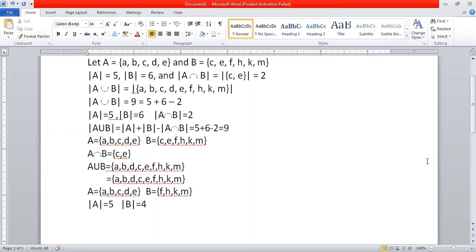2021, and we'll be taking addition principle, or it is also called inclusion exclusion principle.